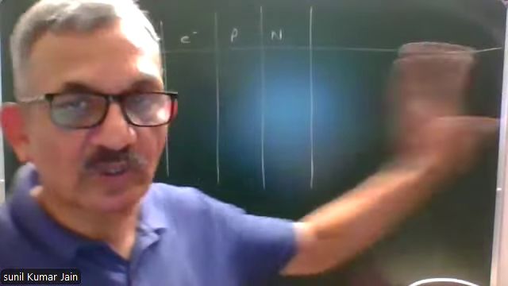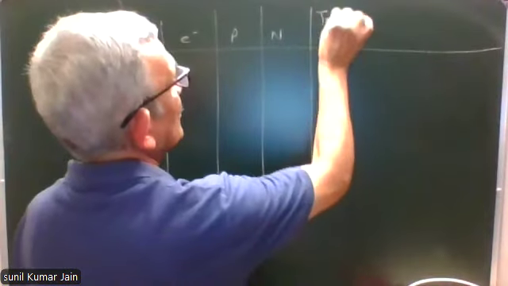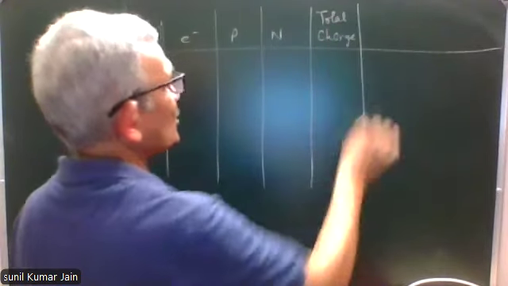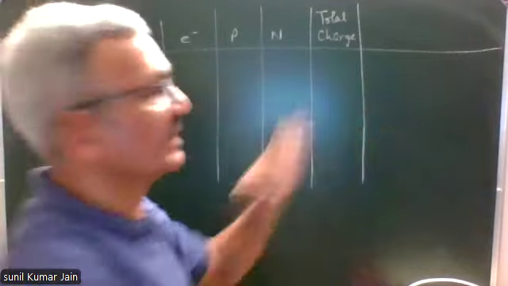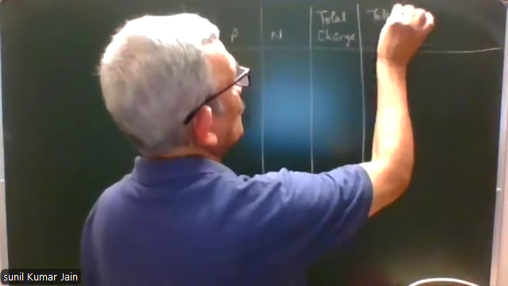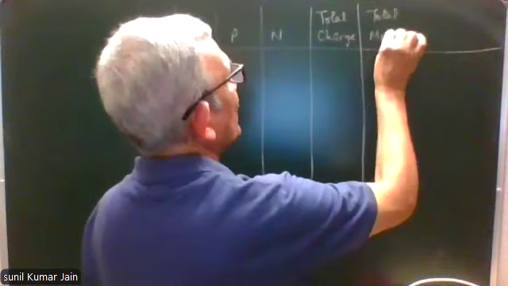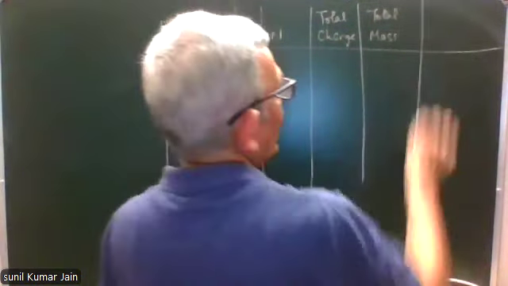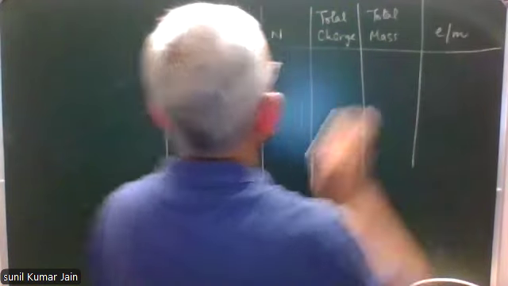Electron, proton, neutron, right? Total charge. After that, total mass. Mass in terms of units of mass. And last will be E by M ratio.